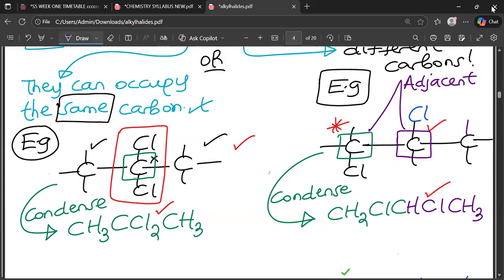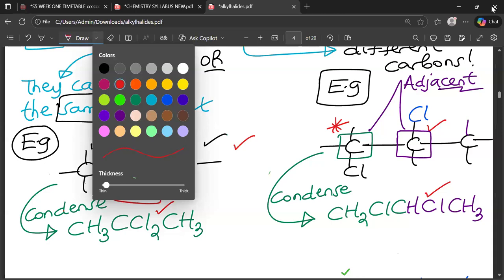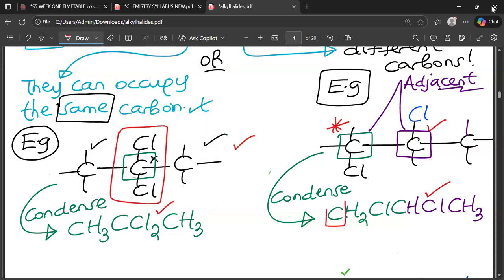Like that. Why am I doing that? I just want us to respect the fact that the Cl and Cl, yes, they're on different carbons, but those carbons are adjacent and they are here in red. You can just see that this carbon is adjacent to this carbon. So this first one is having that Cl, the second one is having that Cl. I think you can get that.